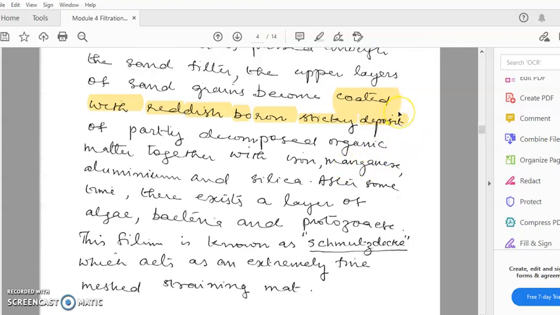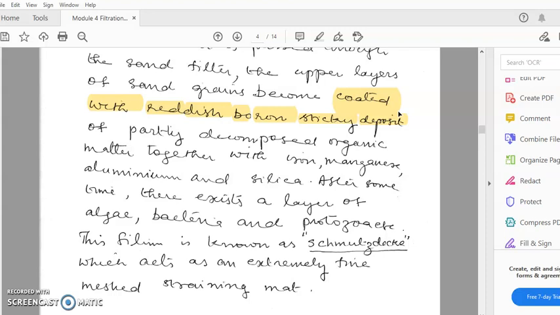Now this thin layer consists of algae, sometimes bacteria, sometimes the dead cells of the bacteria. And when these bacteria are forming there, growing and multiplying, colonies of bacteria form. How are these bacteria growing there?